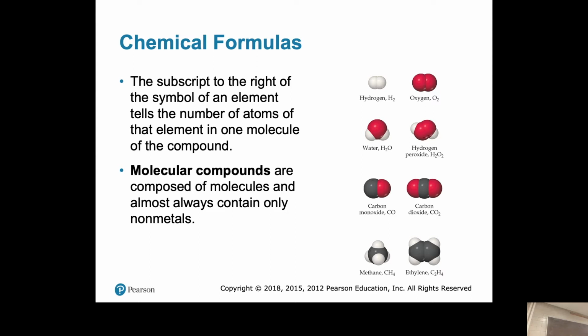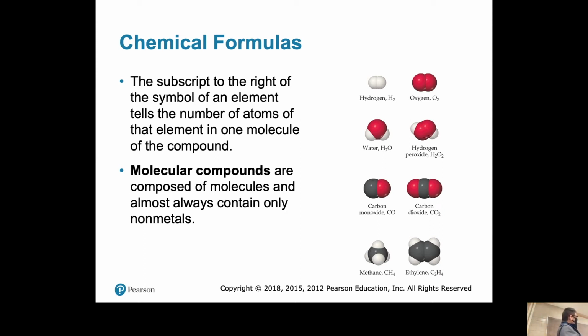And then three is actually prop, and then four is but, like butanol or butane. Butane, yes, exactly. So that's got four carbons, right? So we'll go very deeply on how to name those molecular formulas later, but those are all molecular compounds.